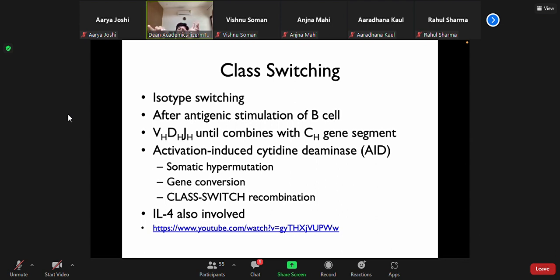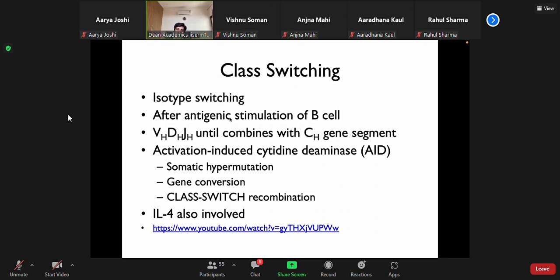But receiving signals from the environment, and the cytokines are the major player in this process, this mu is replaced by gamma, depending on what cytokine you have, or alpha or epsilon, right? So these constant regions of the heavy chain with the same specific variable region is called class switching. And then you generate these different classes: IgM, IgG, IgA, IgE, all those, right?